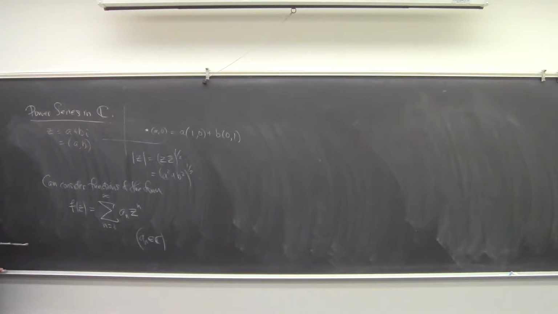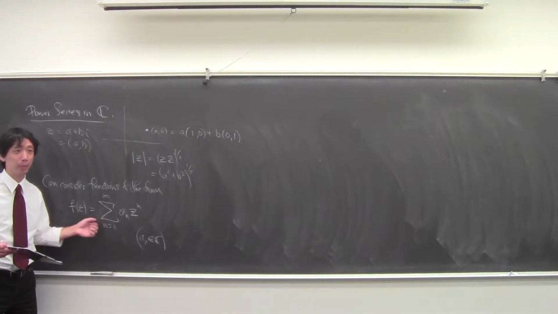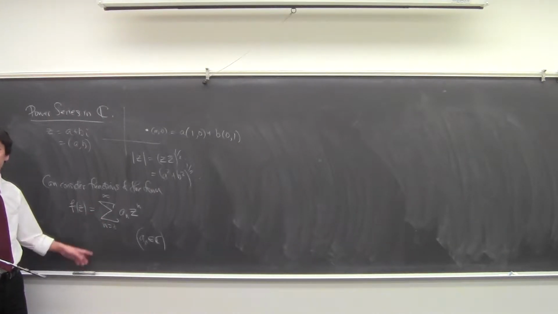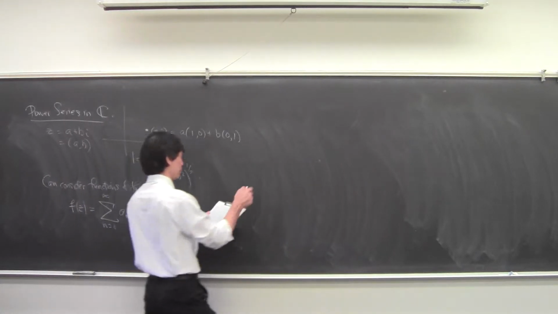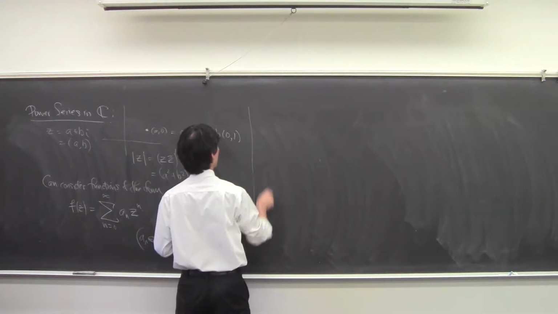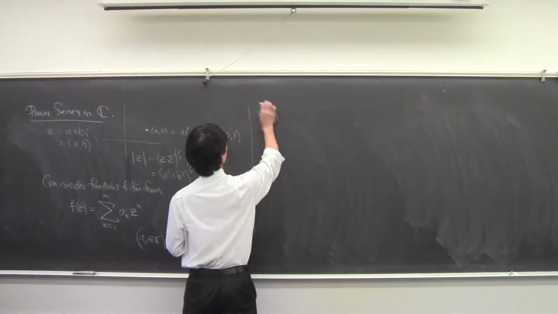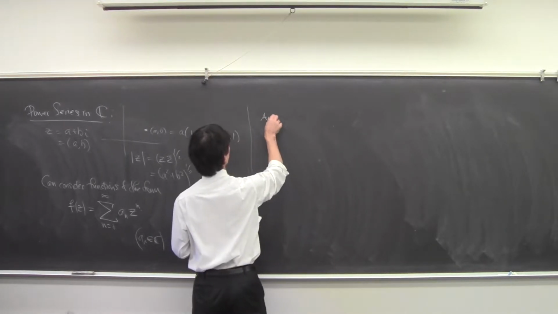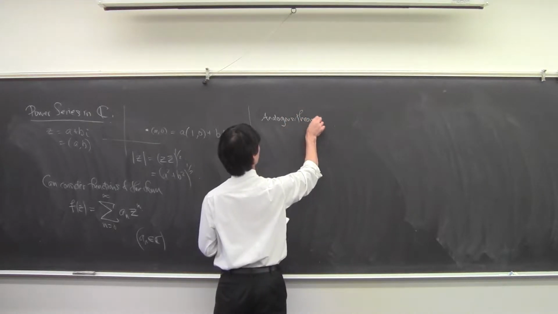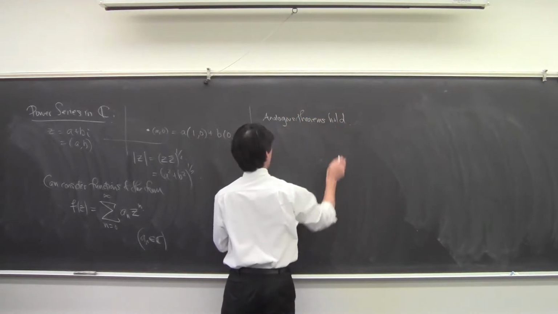Basically the things that we've been doing the last few weeks for real numbers, all of that holds for complex numbers. So analogous theorems hold.